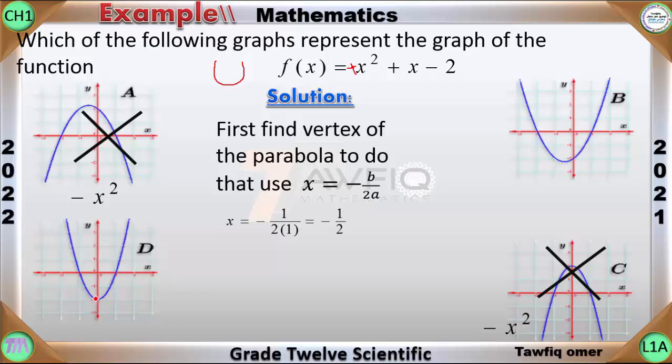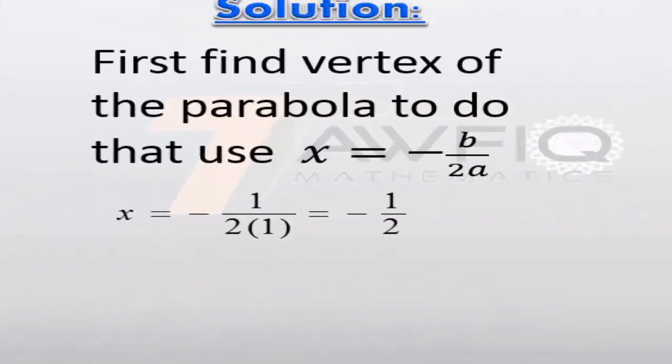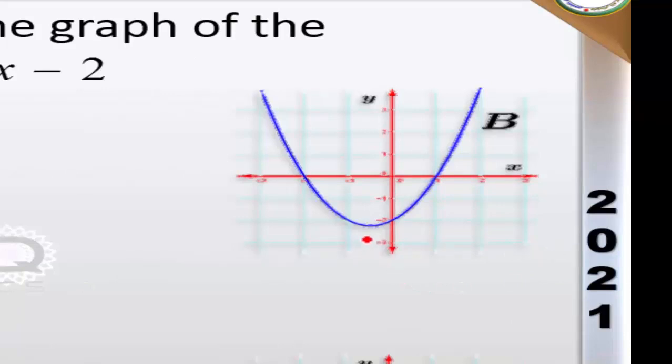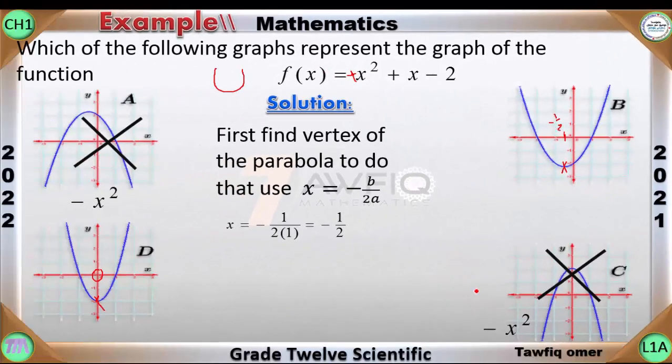This is the vertex, and the x is 0. And here this is a vertex, and the x is here, -1 over 2. That means B is the graph of the function, not D.